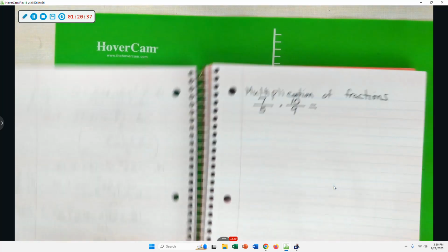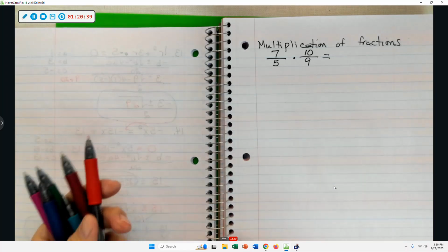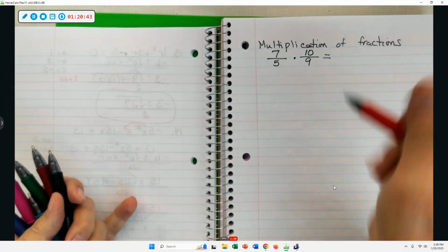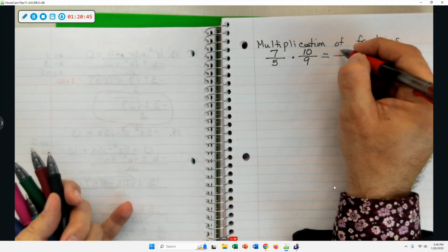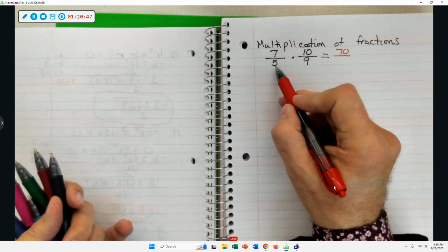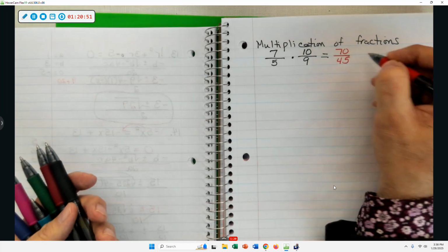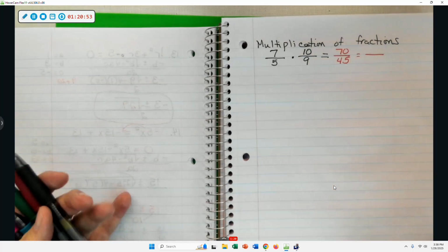The rule for multiplying fractions is you multiply straight across. So if you just multiply it straight across, you'd have a 70 on top and what on the bottom? 45. And then you reduce from there.